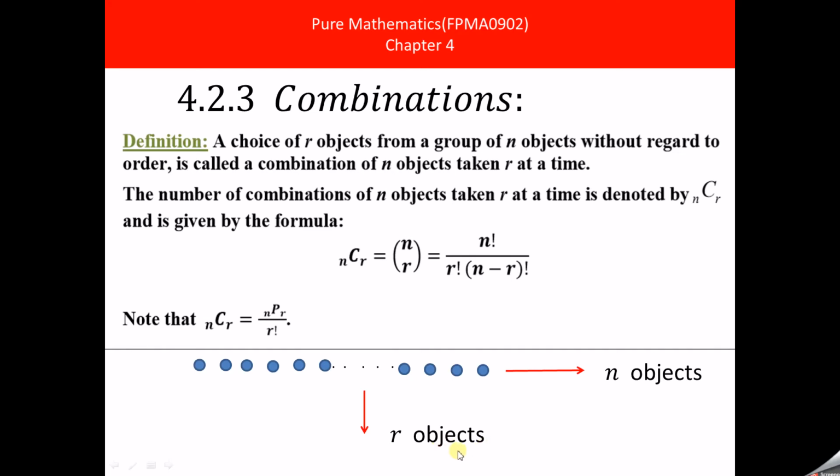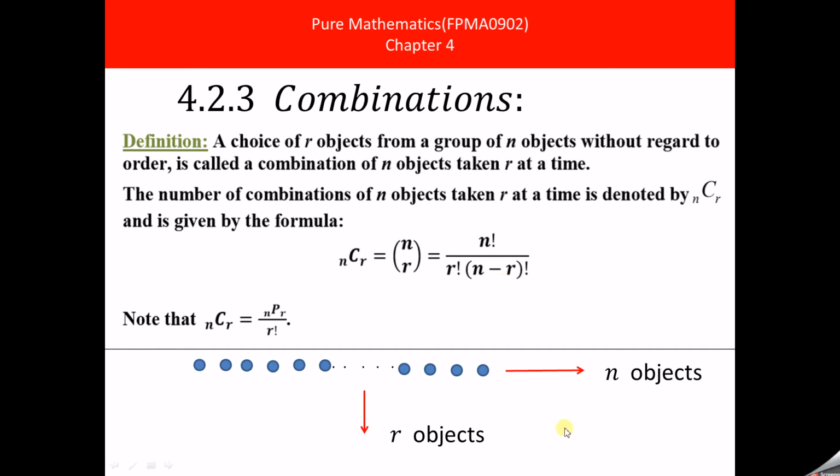When we are not considering the order of the r objects selected from n objects, that is called a combination, and the total number of combinations when selecting r objects from a set of n objects is given by n factorial divided by r factorial times n minus r factorial.